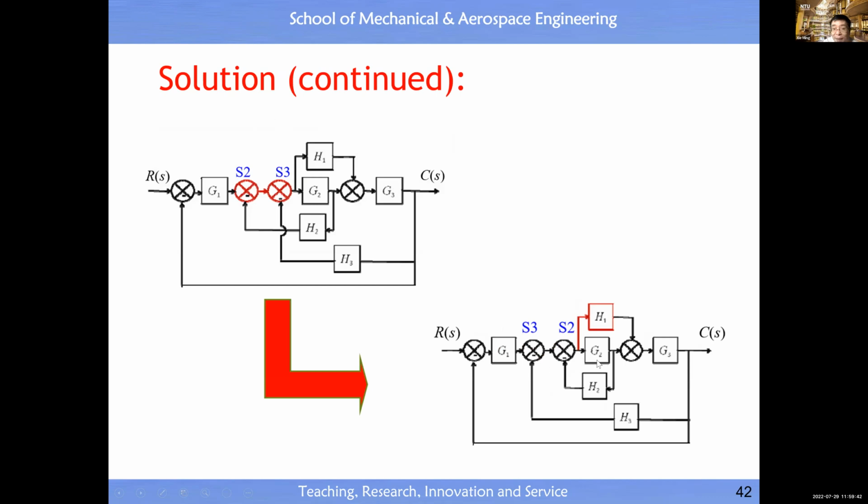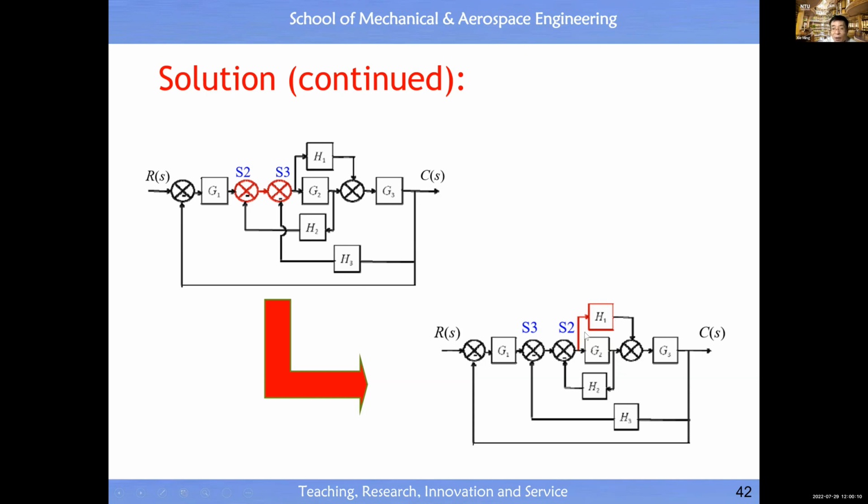And here you see, there's a leak of a signal from here, because this signal will also appear here. Then we let this module take a signal from here, and this signal is equal to this signal times G1. If you take this signal, then you divide it by G2, and use the result as the input to the H1 module.